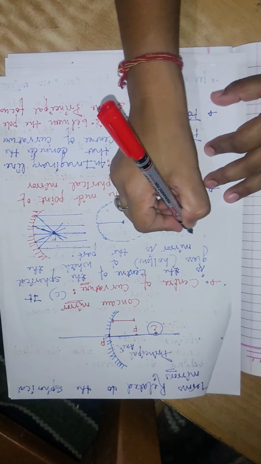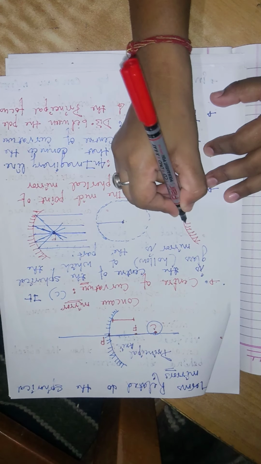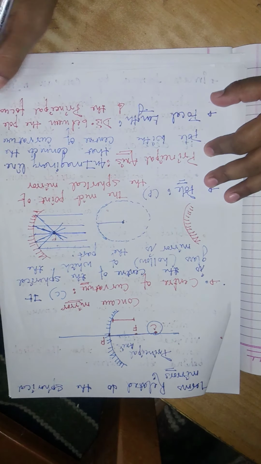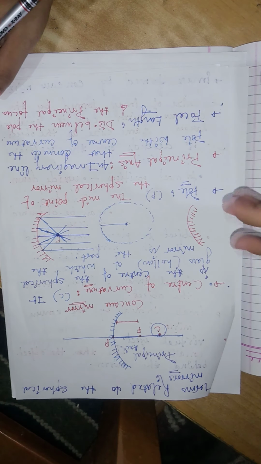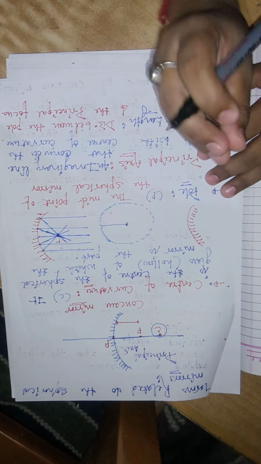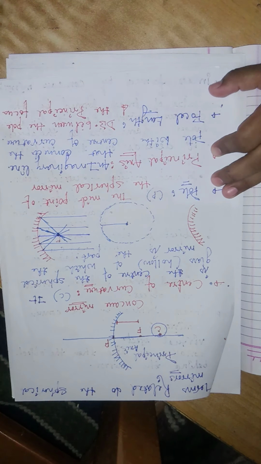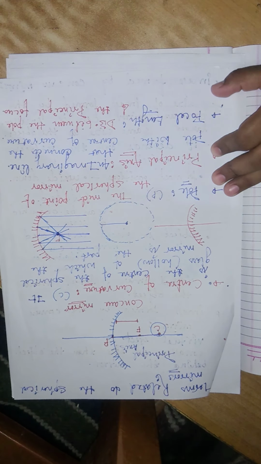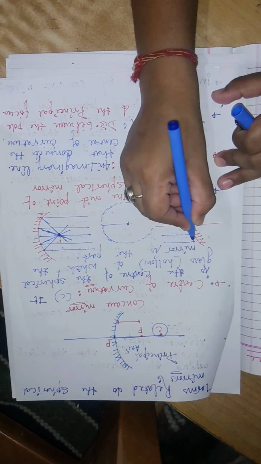And in case of a convex mirror, the rays appear to be coming from a particular point. That very point is known as the principal focus. Let me show you in the case of the convex mirror. This is the line. Let's first draw the ray of light.